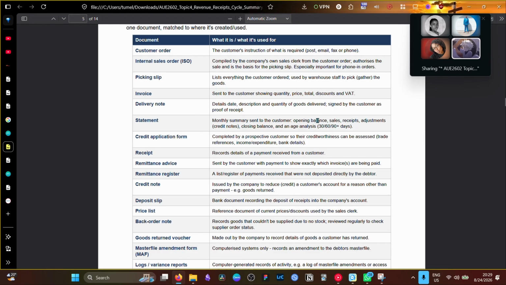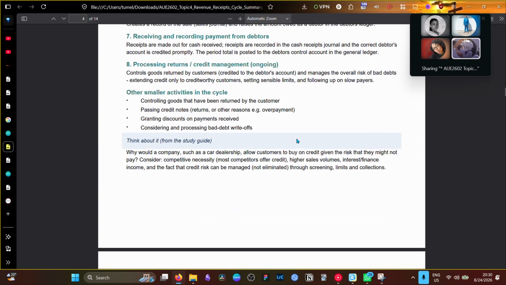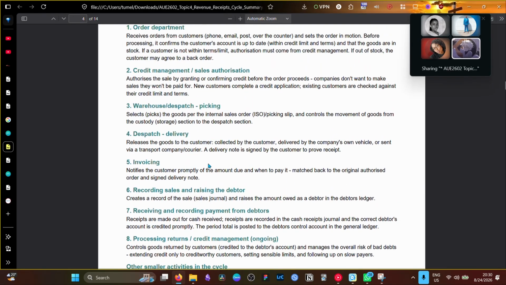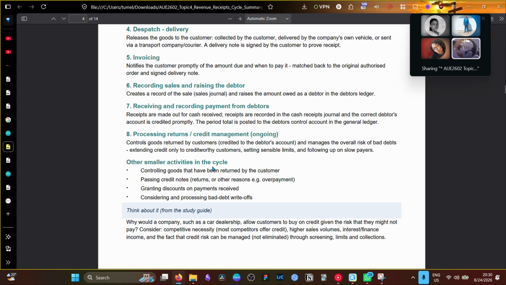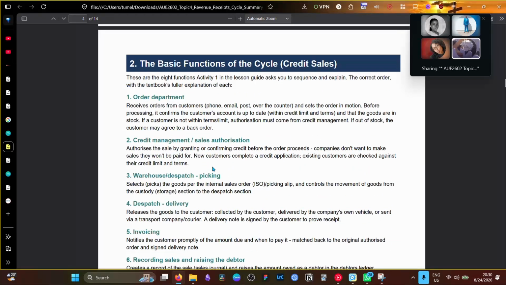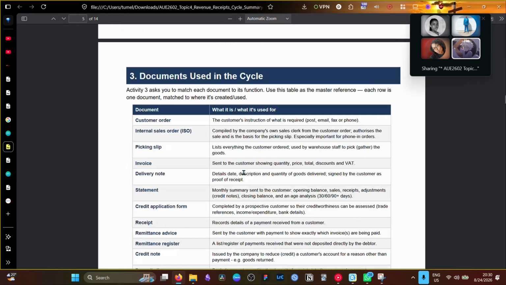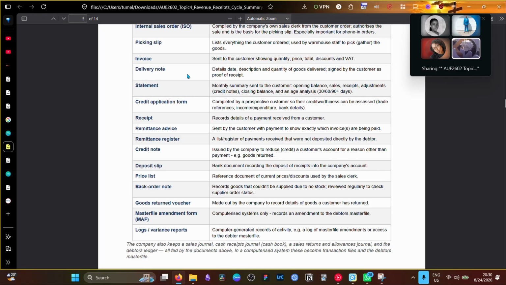Like you see here, opening balance and things like that, sales, receipts, credit notes. Maybe here there's a bank balance or financial statement or whatever. Maybe you can even find it in invoicing, or you could find it in here. But we're going to get into more detail.